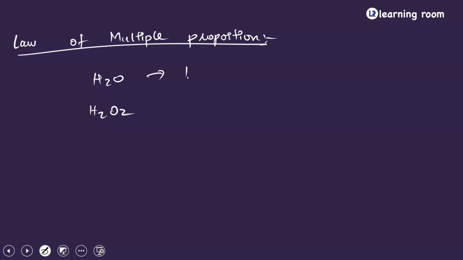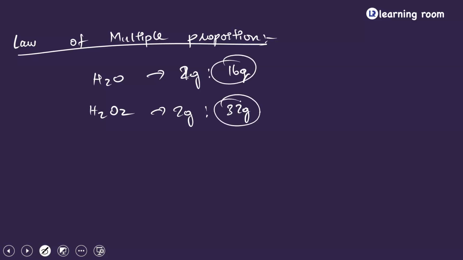In H2O, they combine in the ratio where 2 grams of hydrogen combines with 16 grams of oxygen. Here, 2 grams combines with 32 grams of oxygen. So the ratio of two elements that combine with the fixed mass of the other element, either hydrogen or oxygen, one of them fixed.